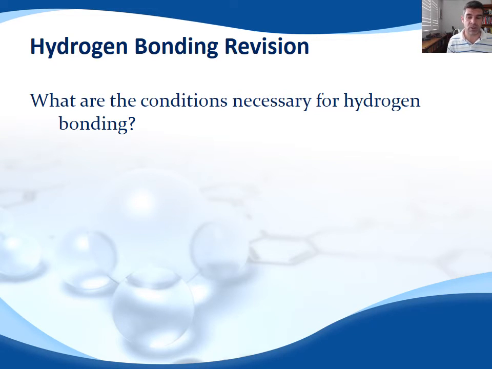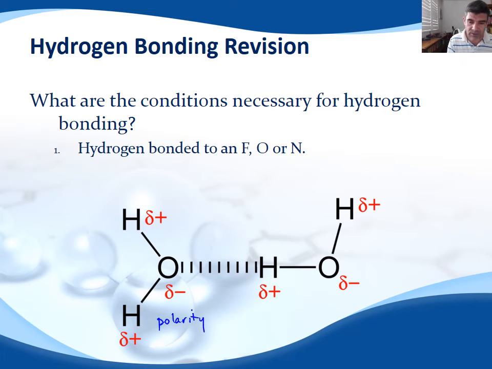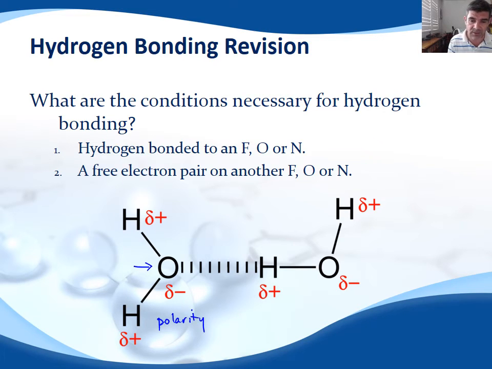So I guess just a quick review then, the conditions necessary for hydrogen bonding. Firstly, we need to make sure that there is polarity. We need to make sure that that polarity is a consequence of hydrogens bonding to either a fluorine, an oxygen, or a nitrogen. And of course, in this case, it is an oxygen, so that's good. There needs to be a free electron pair on another fluorine, oxygen, or nitrogen. So if we remember our electron dot diagrams, the oxygens will actually have two unbonded electron pairs.